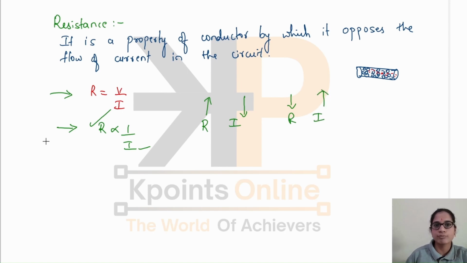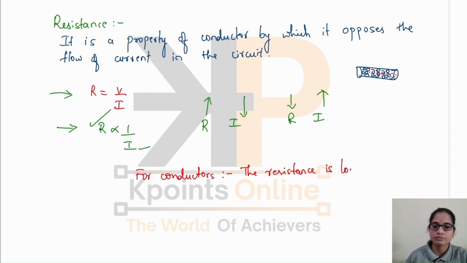There are different types of materials which have different conductivities. For conductors, the resistance is very low. They allow easy flow of electrons through them.